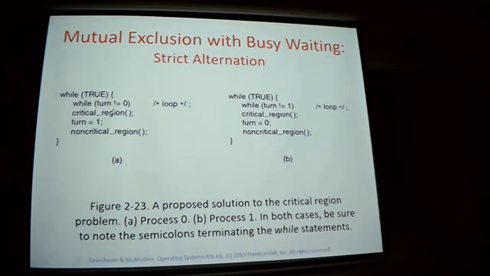Let's focus on this one. Although this program achieves mutual exclusion, there is a problem. Focus on the loop. On this loop, if the value of term is 1, then this loop always executes, because term is not equal to 0.